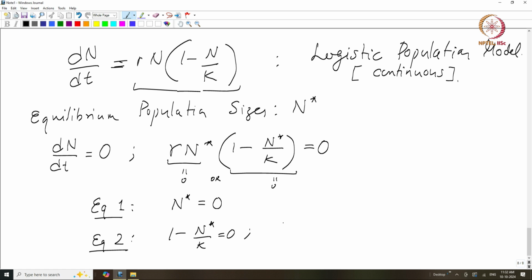If you now rearrange the terms, this is basically the same as saying n star is equal to k. That means there are two equilibria for this logistic population model. One is that of a local extinction, where n star is equal to 0.